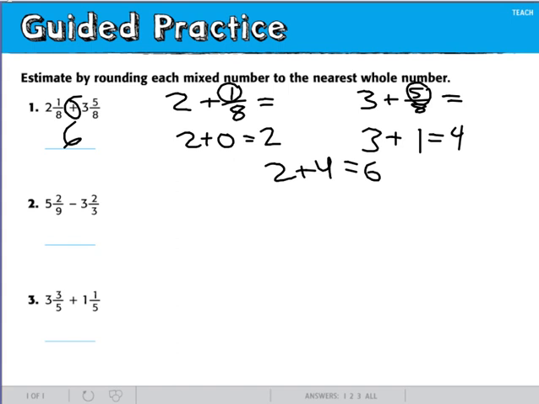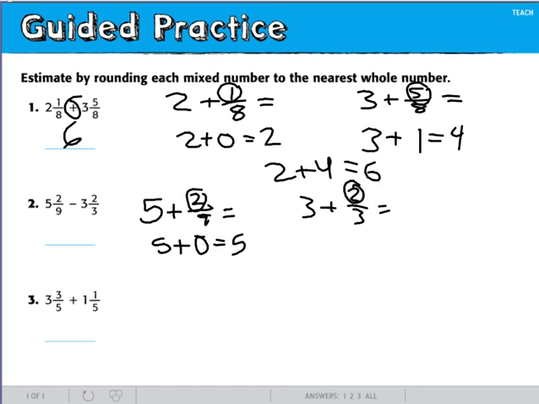Okay? I go to my next one. See what I just did? So 5 plus 2 ninths, and 3 plus 2 thirds. Okay? 2 is closer to 0 than 9, so that's 5 plus 0. 2 is closer to 3 than 0, so that's 1.